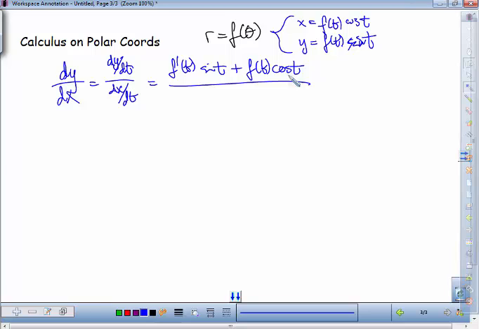That's your numerator, dy/dt, and then your denominator is dx/dt, which is the derivative of x: derivative of the first times the second plus the first times the derivative of the second, which is a negative sine, and so we'll have a negative in the denominator. And this is your slope, essentially, at a particular t value or theta value. You want to think about t becoming theta, and then you let theta equal a particular number, and you're going to get your slope.